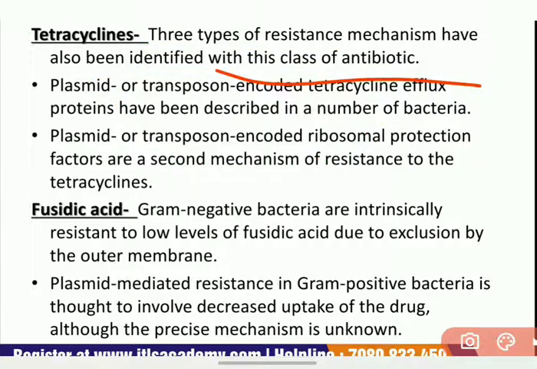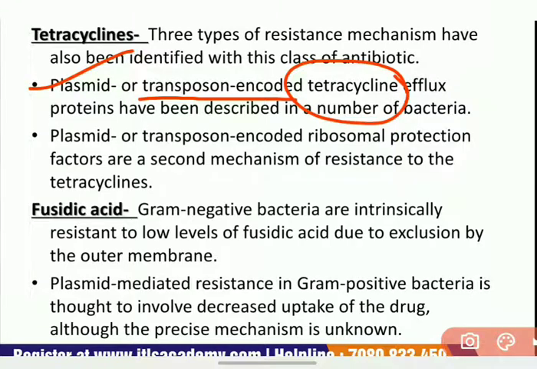Let's discuss these types of resistance mechanism. Plasmid or transposon encoded tetracycline efflux proteins have been described in a number of bacteria.